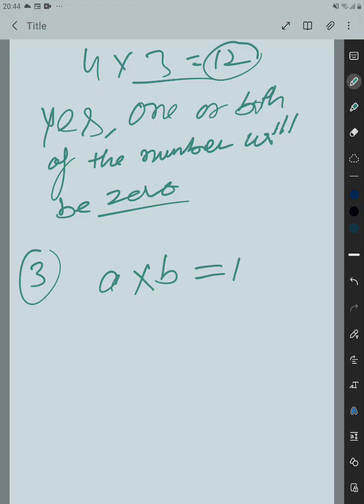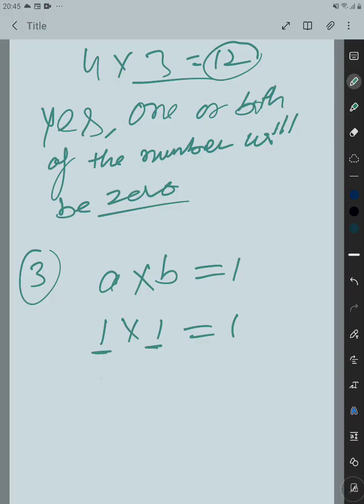Justify through examples. Let's take both as 1, it will come as 1. If we take either of the two as another number, not 1, then it can never be 1.